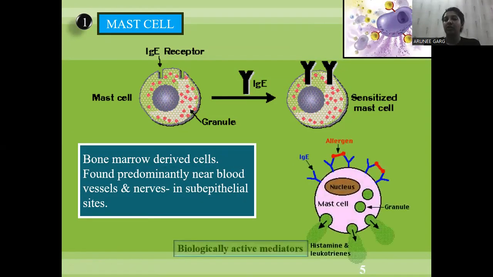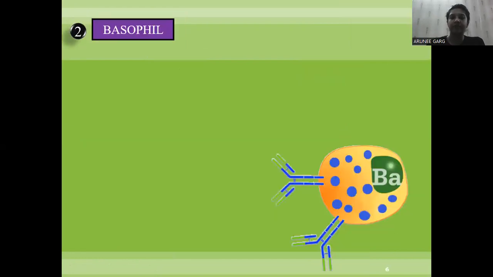When the body is exposed to an allergen, the allergen links the immunoglobulin E antibodies, which causes the granules to release biologically active mediators like histamine and leukotrienes, which then cause a systemic or local response. The second most important cell is the basophil.